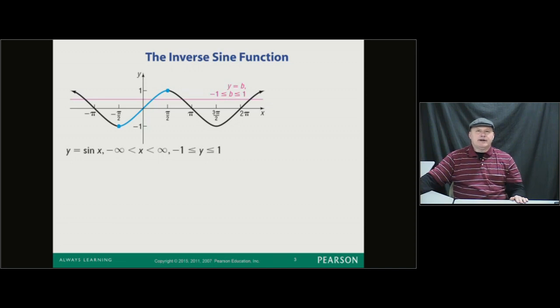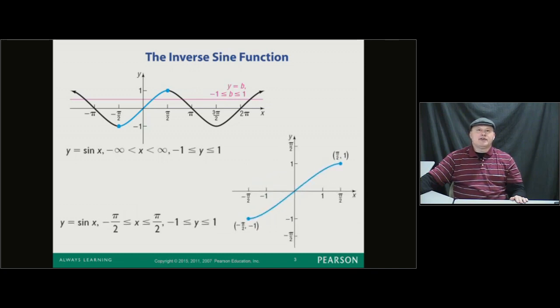And it takes on all values between -1 and 1 for x between -pi/2 and pi/2. So if we take just that portion of the graph, it's 1 to 1, and therefore it will have an inverse. So whenever you apply an inverse function, it has to be between -pi/2 and pi/2. For the sine, x is between negative infinity and infinity, and y is between -1 and 1, but when you apply the inverse, it's going to be between -pi/2 and pi/2, with the other variable between -1 and 1. That portion is where it's 1 to 1.